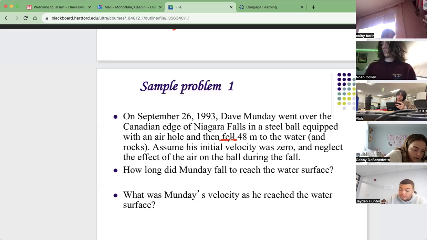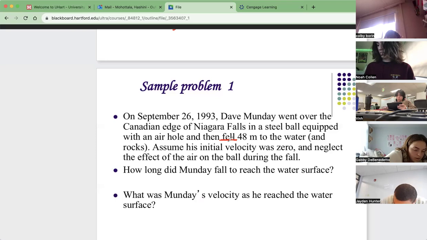Now I am going to do this problem on paper and you guys can write down the information. This is the sample problem, and I have the table. I know that you can't see my paper very well yet, but this is Niagara Falls, just a little picture right next to it.